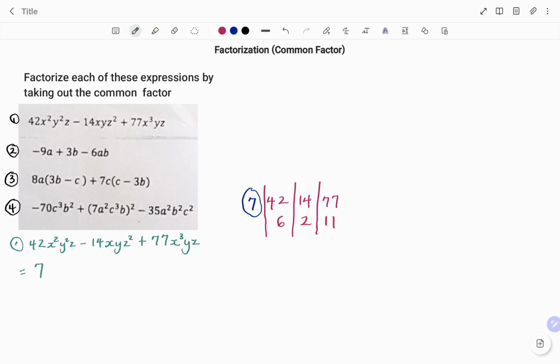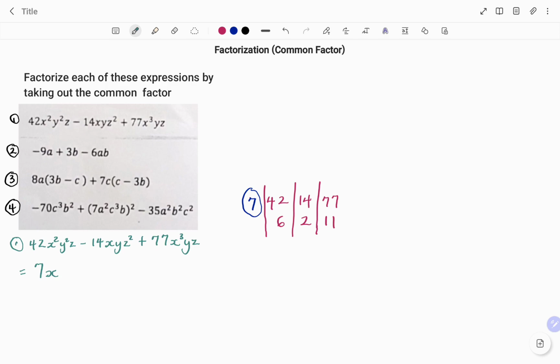Also, we need to check all the variables to figure out the common factor. The trick is to pick the variable with the lowest exponent. So if we start with our x, we have x squared, x, and x cubed. X with the power of 1 is the lowest, so that will be our highest common factor for the variable x.